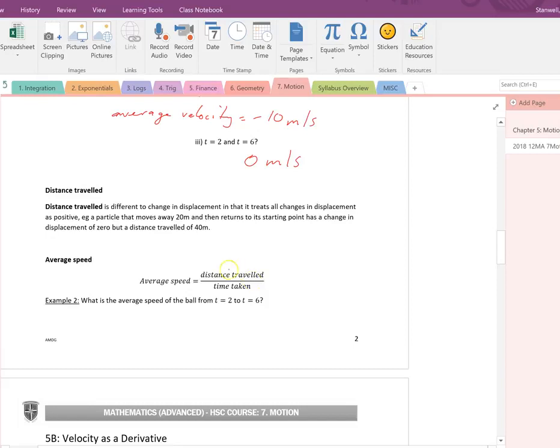So my average speed is the distance travelled over the time taken. The distance travelled can be a little bit fiddly to work out. Generally, what you want is a graph so that you can see which parts are positive and which parts are negative.